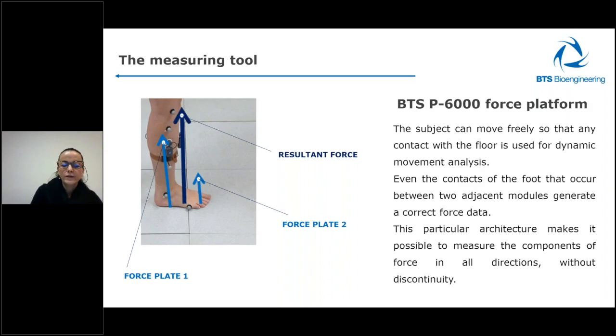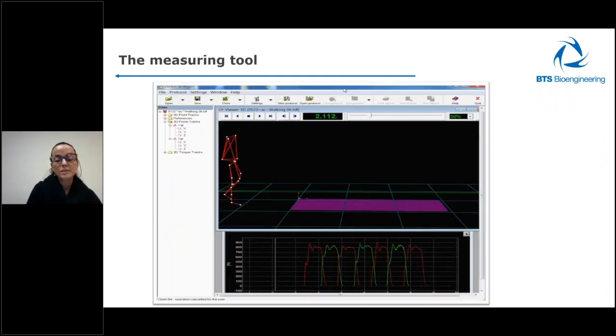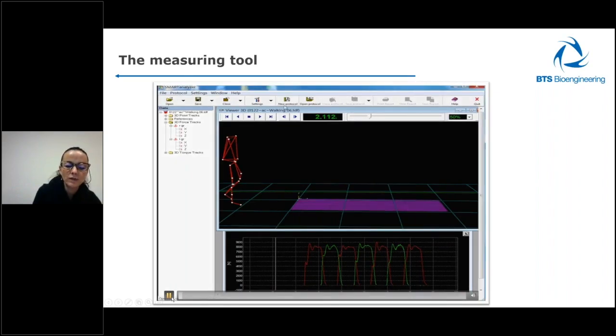Thanks to the characteristics of the P6000 platform just described, within the gait analysis laboratory, BTS suggests to use 6 or 8 modules in order to create two different rows of platform. One dedicated to recording the contacts of the right foot, and the other row dedicated to the registration of the left foot contacts.